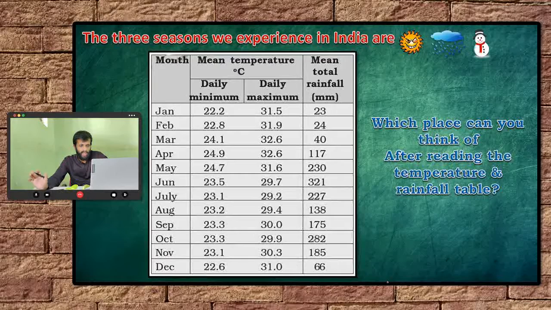Looking at this entire table from January to December, with the daily minimum temperature and daily maximum temperature, an average of those, and the amount of rainfall for the entire year, you have to think of which probable place in India can give you this kind of weather report, where the minimum temperatures are 22, maximum are 31 in that range, and all the temperatures go just that way.